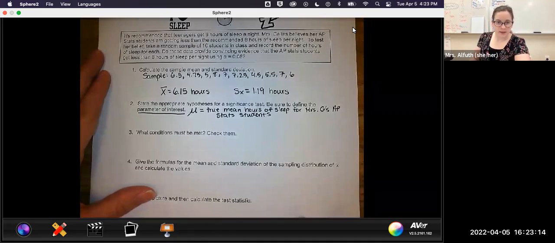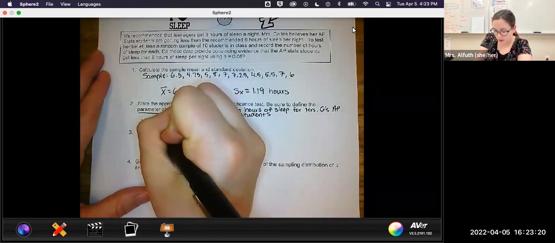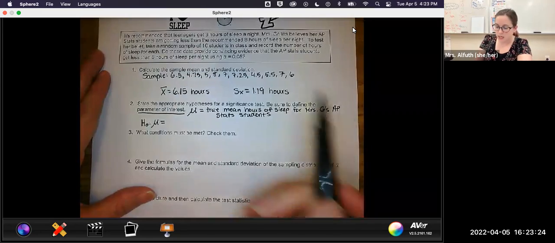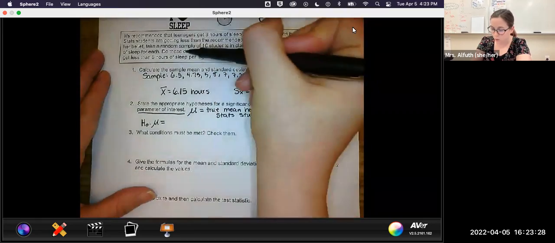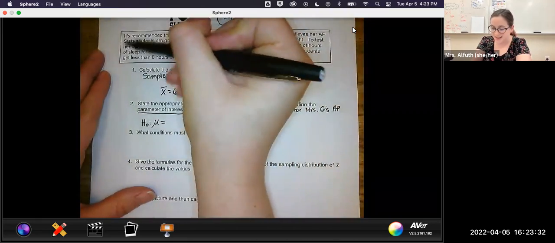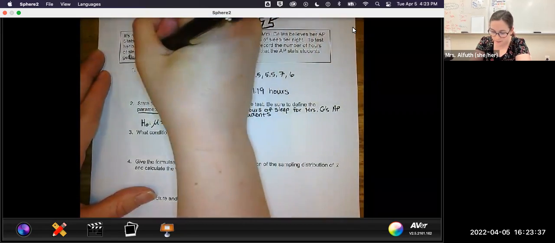This also asks us to state the appropriate hypotheses. Remember, the null hypothesis is always the parameter equals something. Up here, we see that we're looking for convincing evidence that the AP Stats students get less than 8 hours of sleep per night.